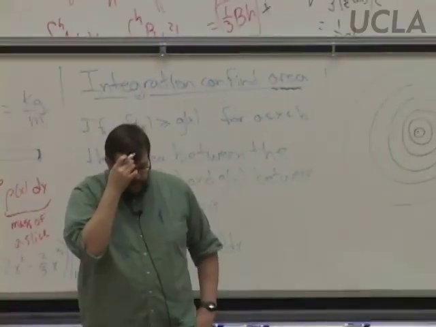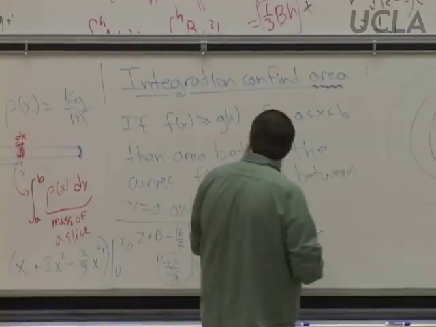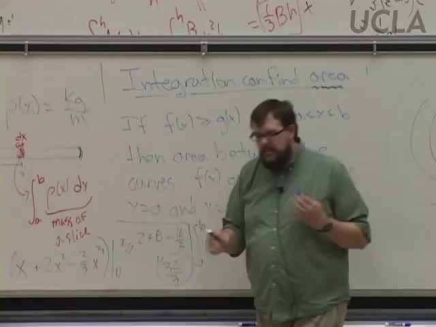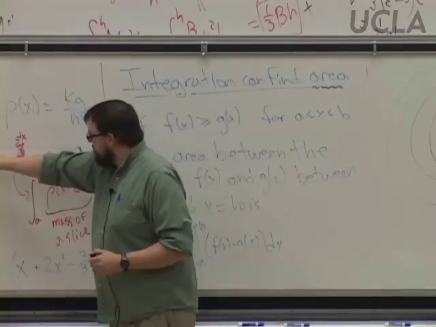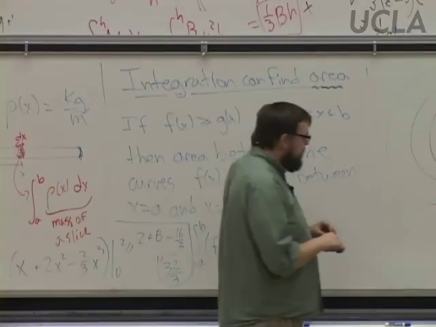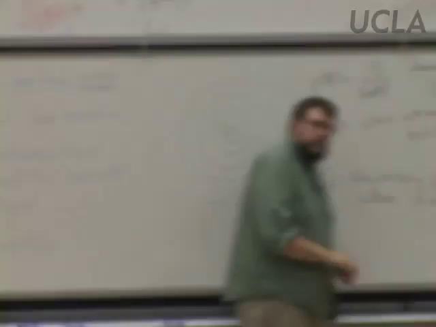Okay, so we want to know how many people live within 10 miles of the city center. Essentially it's the same kind of density question. It's a little different here because before, I took a very thin rod, a tiny slice. Now, what's the best slice to take?